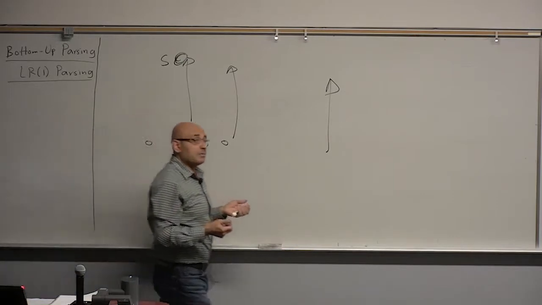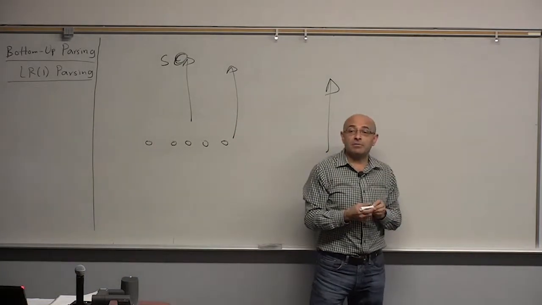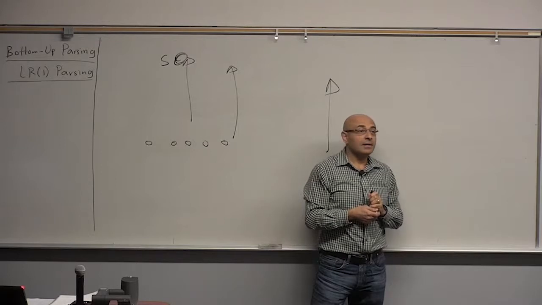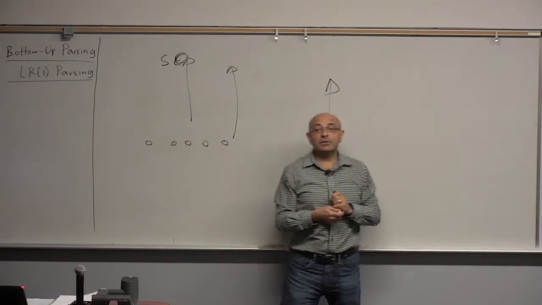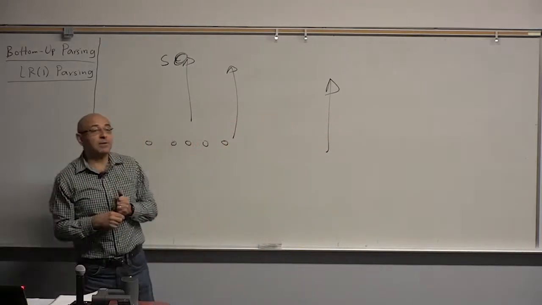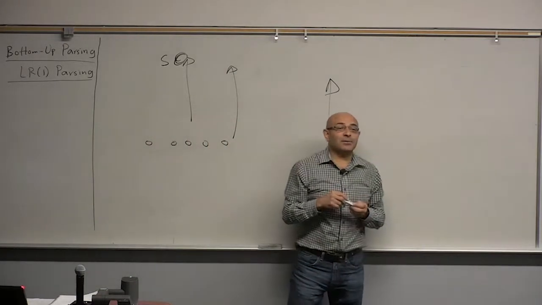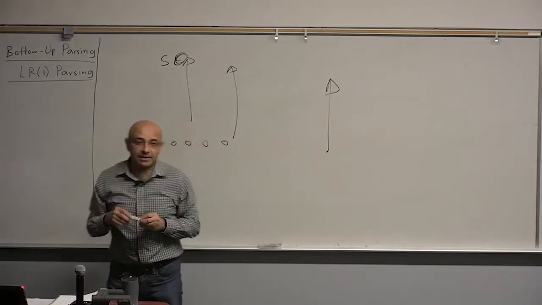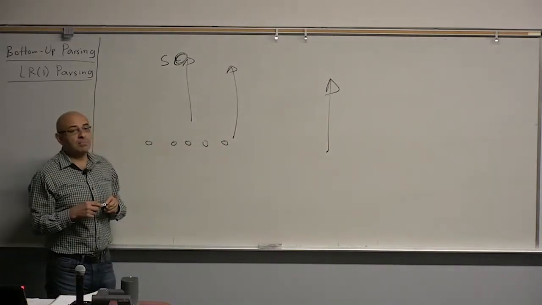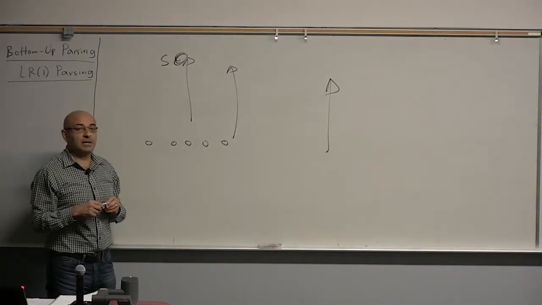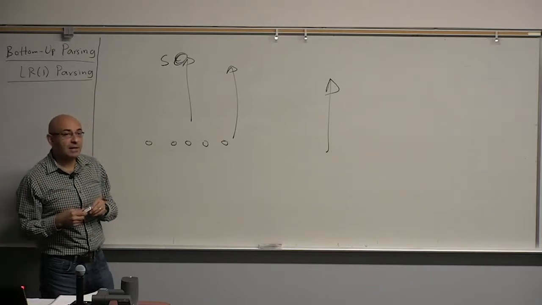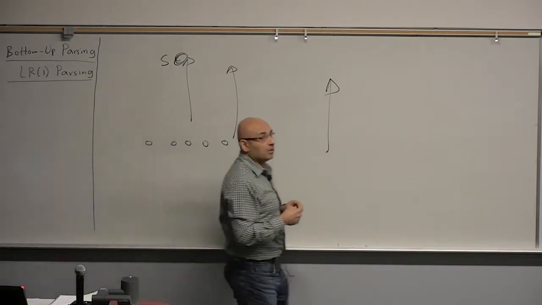Now in algorithms, how many people have taken 140? Okay, 140, the algorithms course, only 2 people? So one of you has to answer this question then. Which algorithmic technique uses bottom-up thinking? What's the powerful algorithmic technique that is based on using bottom-up thinking?